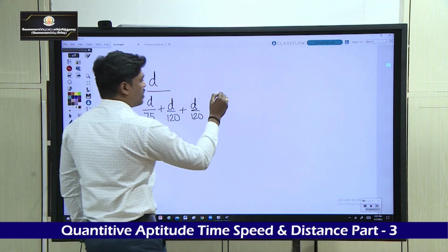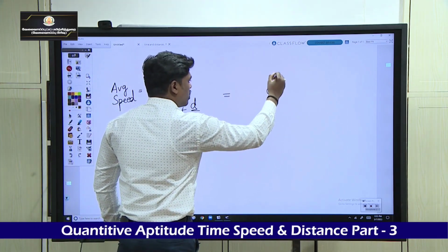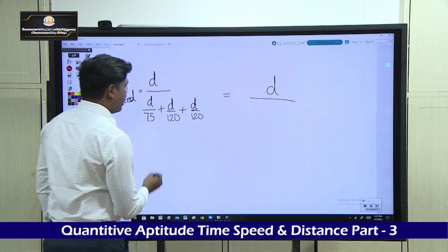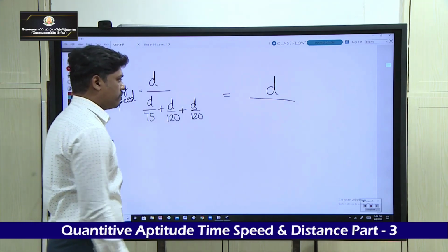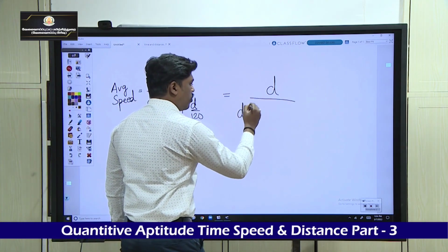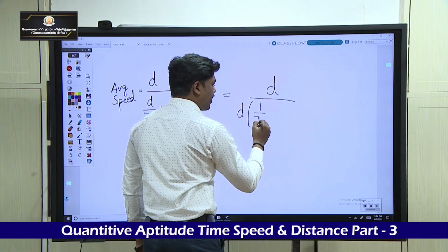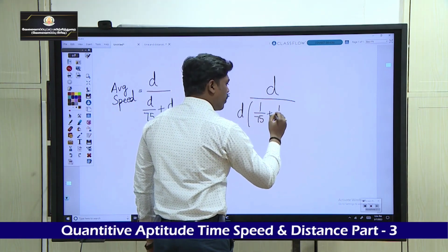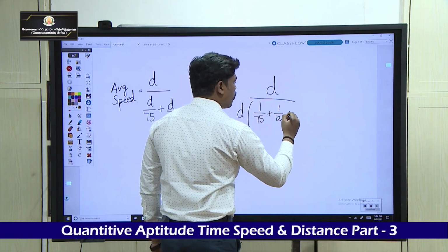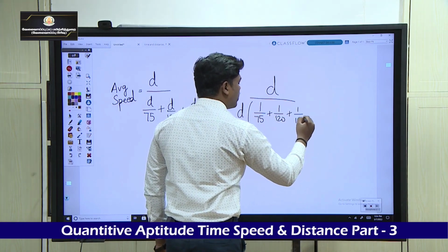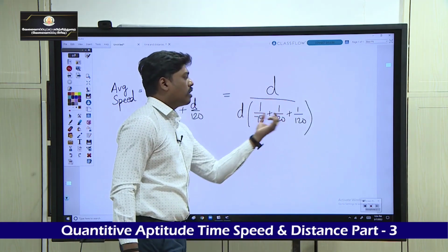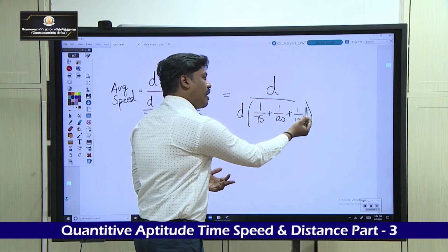Okay. So what happens here? Distance divided by, take out d common. So you will be getting 1 by 75 plus 1 by 120 plus again 1 by 120. So what happens here? When bases are the same, add numerators.